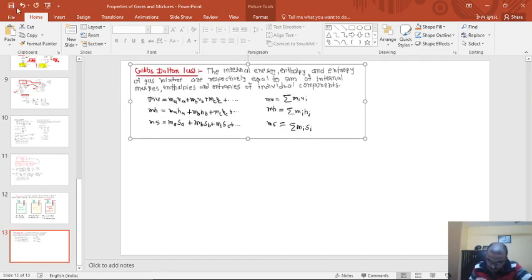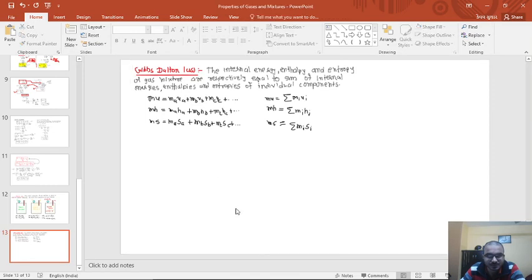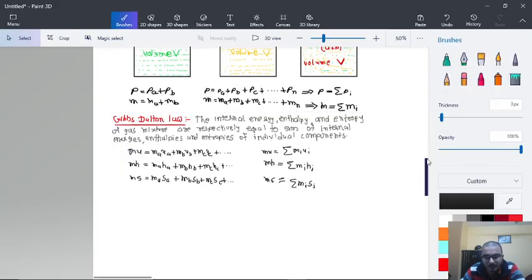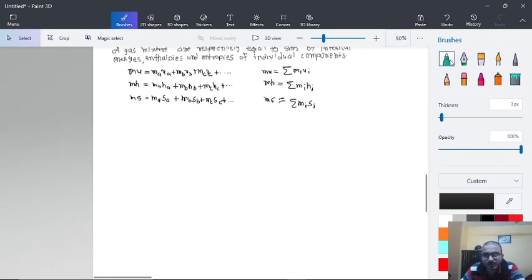Now we will move forward to the next theory, that is specific heat of gas mixtures.